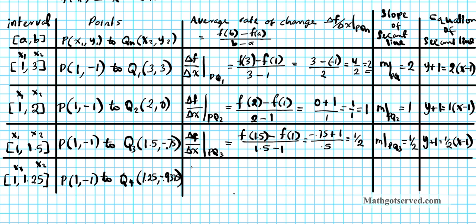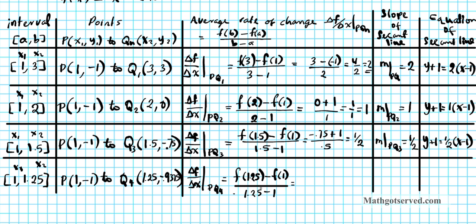So delta f over delta x of the fourth secant line, PQ sub 4, is equal to f of b. b is 1.25, so f of 1.25 minus f of a, which is f of 1, divided by b minus a, which is 1.25 minus 1. What is f of 1.25?